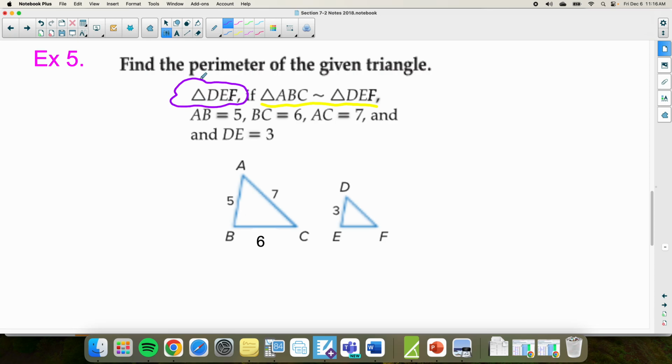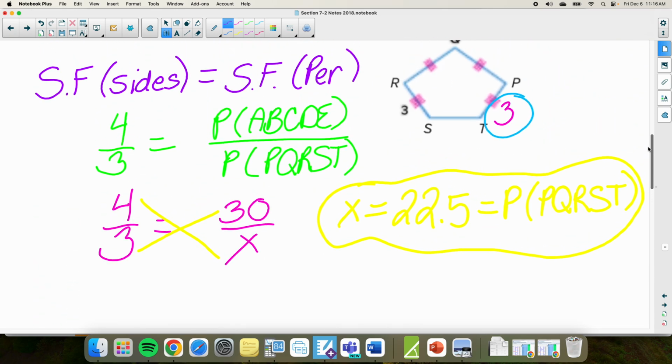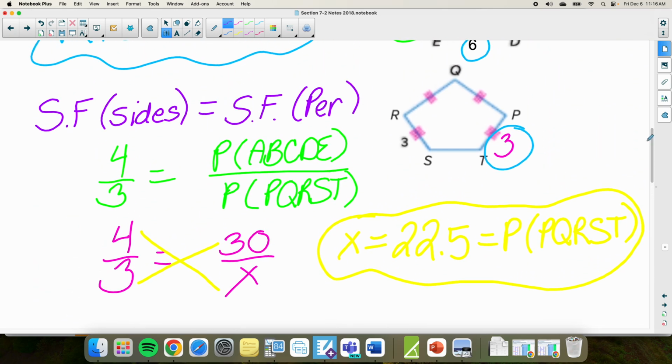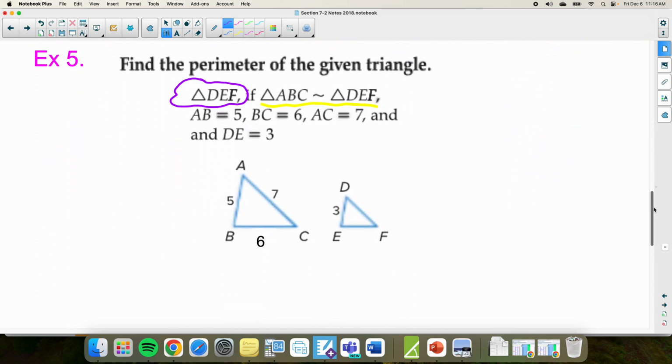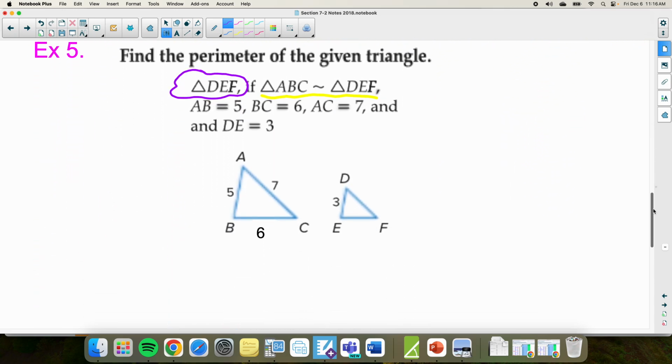Okay? Now, in the last one, what I did is I used this to do it. I'm going to show you the other way when I do this one right here. So what we could do in this one is just call DF X and call EF Y and find each of those.